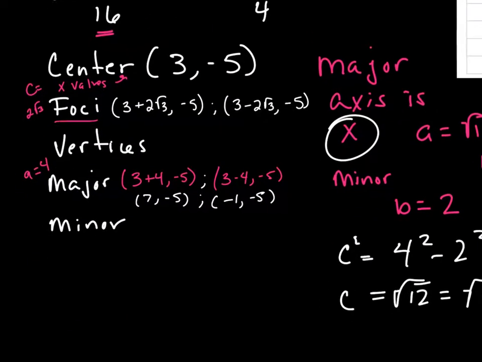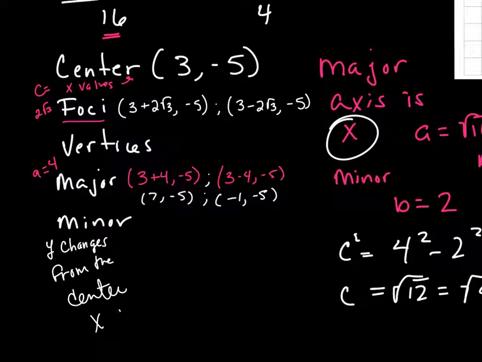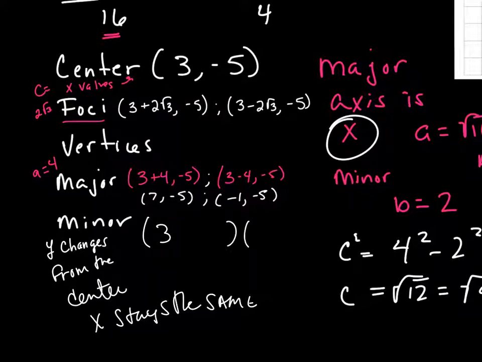The last thing I need to do is find the minor. Now the minor, we have a different piece here because underneath the minor, the y changes from the center, but x stays the same. So for the minor vertices, x in both cases is going to be 3.